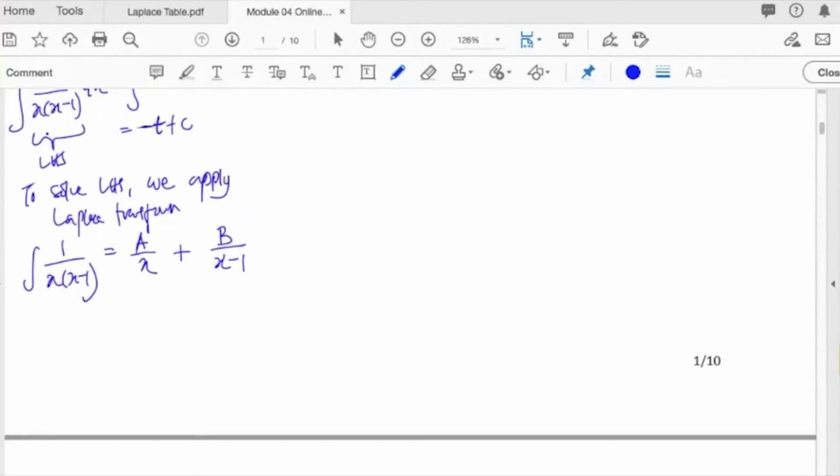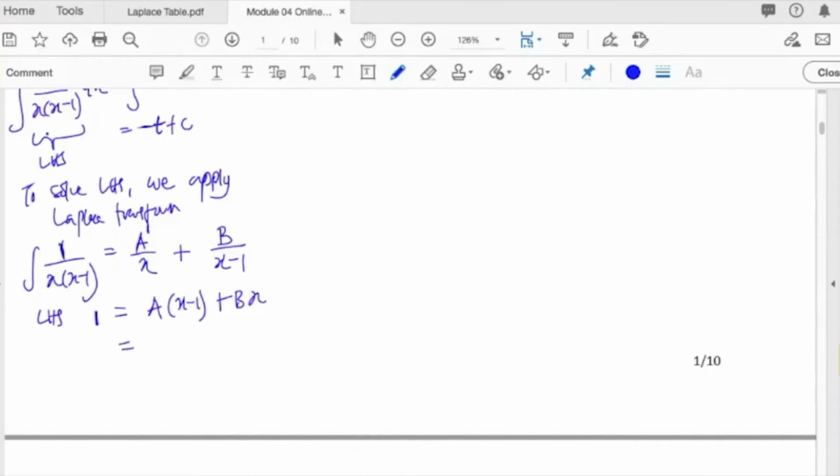What it means is we can decompose the left-hand side into the one that you see on the right-hand side. If we solve the one on the right-hand side, it will be equal to a times x minus 1 plus bx, which is equal to 1. We can ignore the denominator term because we already made them equal.